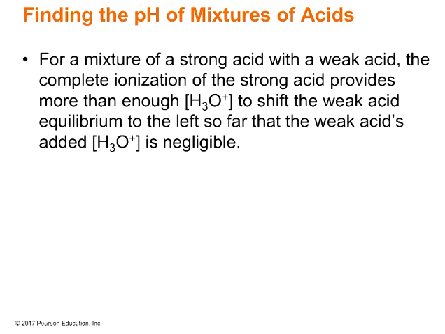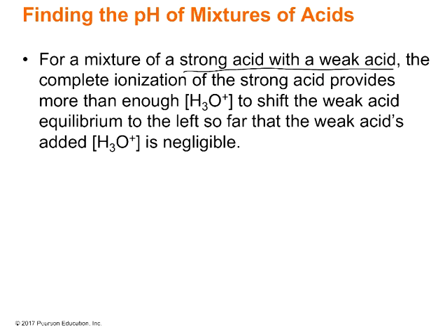So what if we have a mixture of a strong acid with a weak acid? Again, the strong acid is going to completely ionize, and that's going to provide more than enough hydrogen ions or hydronium ions to shift the weak acid equilibrium to the left. And therefore, any contribution of the weak acid's hydronium ion concentration is negligible.